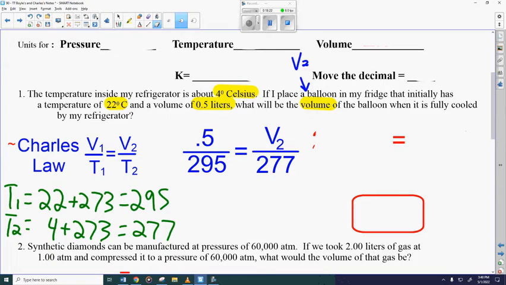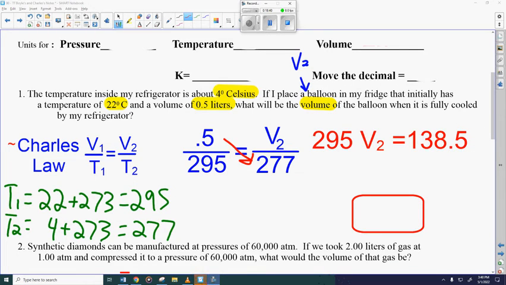Now, the easiest way would be to cross multiply. So I'm going to take 0.5 times 277. That will get me 138.5. And then I'm going to do 295 times my volume 2, the volume at the end. That'll just be 295 V2. A lot of times I like to put these in parentheses to keep them nice and separate.